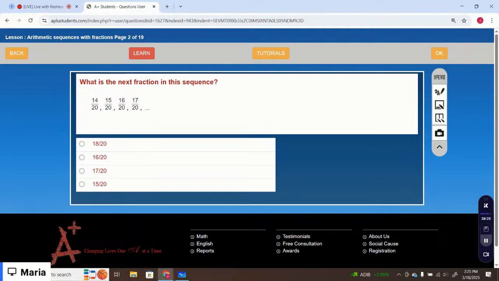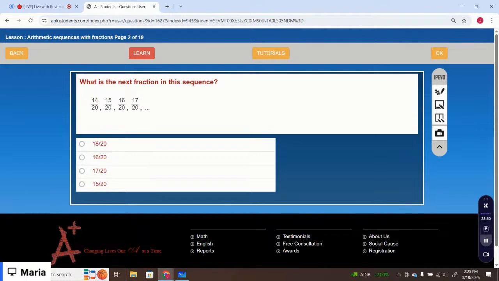What is the next fraction in the sequence? 14 by 20, 15 by 20, 16 by 20, and 17 by 20. They have the same denominator, just their numerators are increasing.